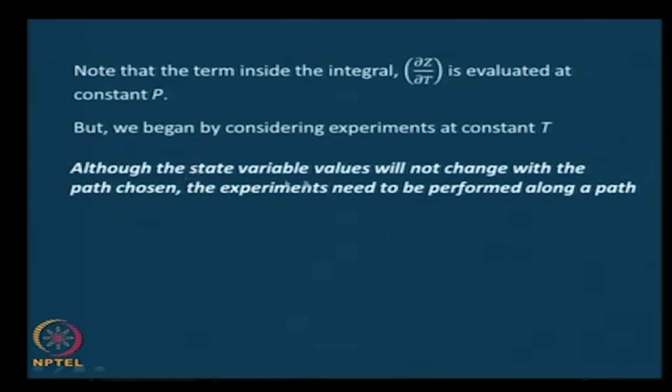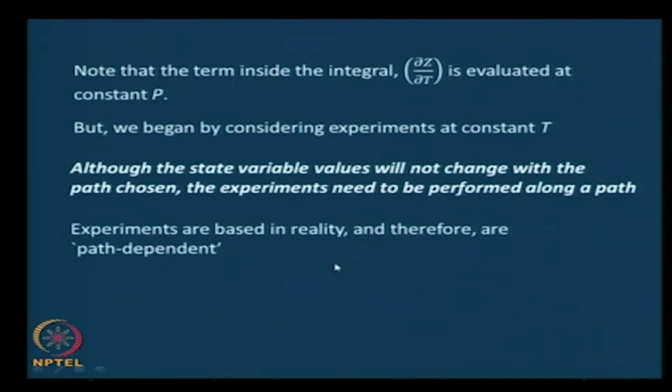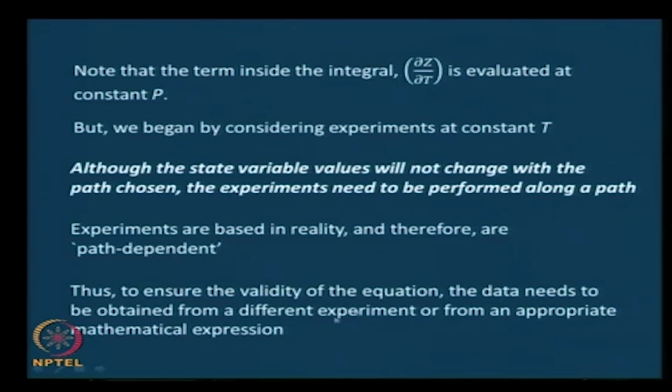Although the state variables will not change with the path chosen, the experiments need to be performed along a path. Experiments are based in reality and therefore are path dependent, and therefore, to ensure the validity of the equation, the data needs to be obtained from a different experiment or from an appropriate mathematical expression. Okay. So, the ∂Z/∂T at constant P data needs to be obtained from a different set of experiments, not the same constant temperature experiment. That will not be valid here.